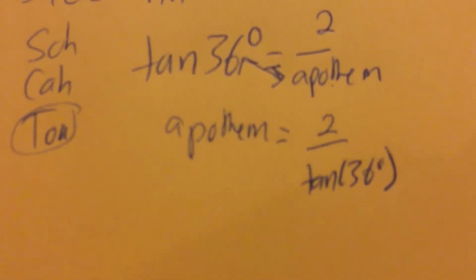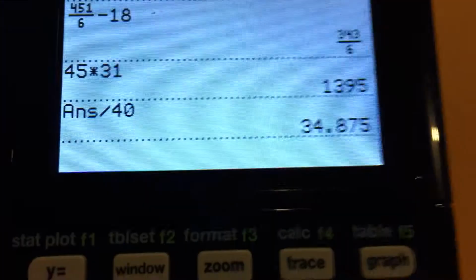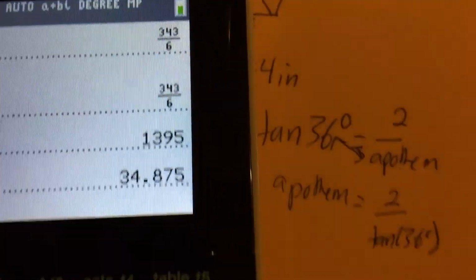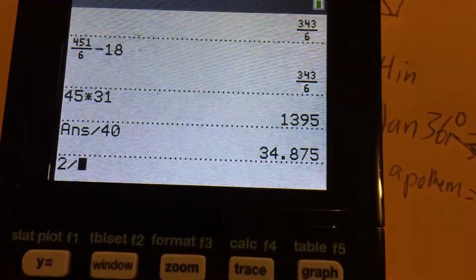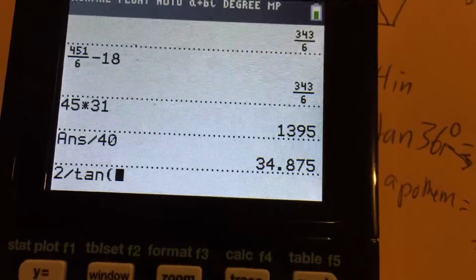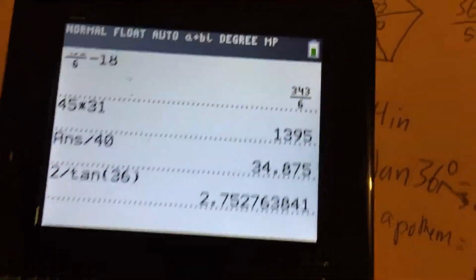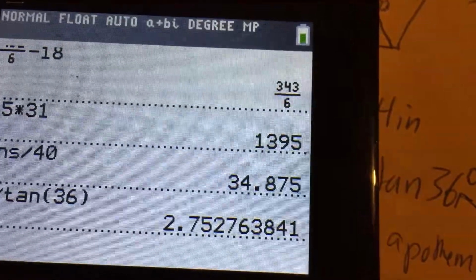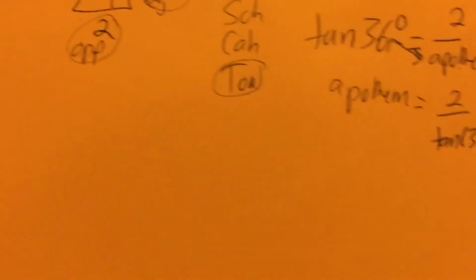I'm in degree mode. I'm going to do the calculation 2 divided by the tangent of 36 degrees. I'm going to close that parenthesis and press enter, and that's going to be 2.75 inches. That's what my apothem is.